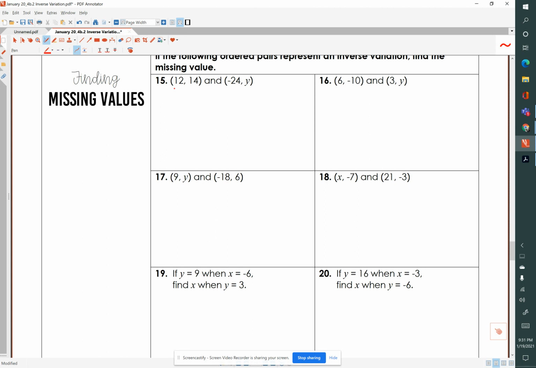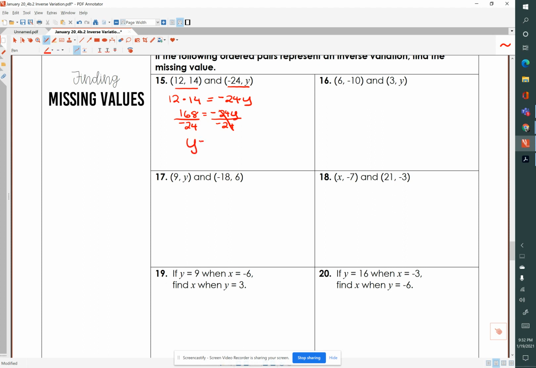So the constant product between these two ordered pairs should be the same. So the only way to figure that out is to solve for y. So 12 times 14 should equal negative 24 times y. 12 times 14 is 168, which equals negative 24y. And we divide both sides by negative 24.